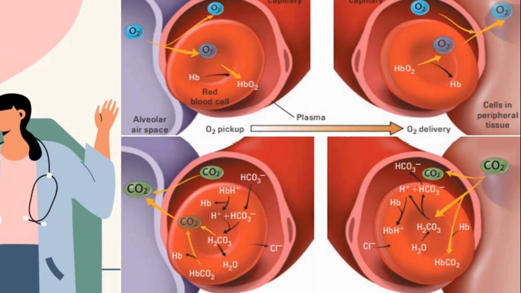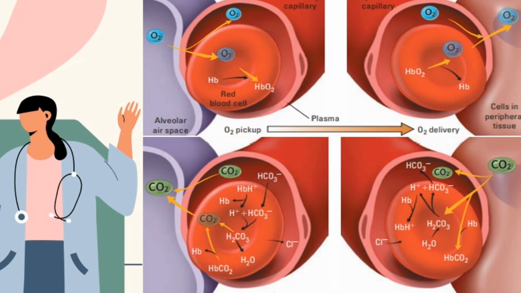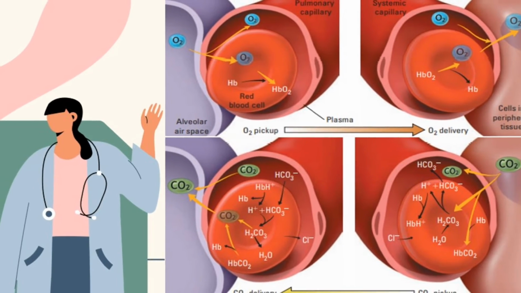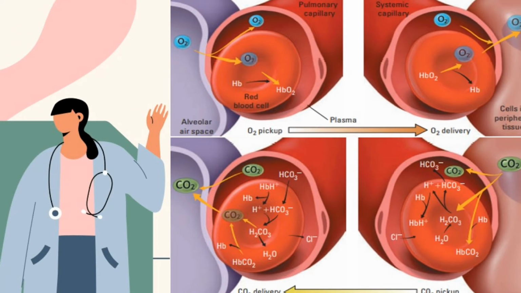So the oxygen status is determined by examining the PaO2, arterial oxygen saturation, and the arterial oxygen content. The PaO2 represents the partial pressure of oxygen dissolved in the plasma of the arterial blood and is the result of gas exchange between the lungs and the blood. The PaO2 is also reduced in various settings, but most often when lung disease is present.